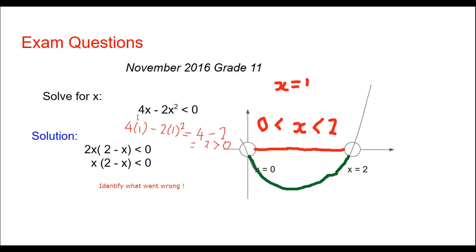Let's look at our algebra. So 4 times 1 minus 2 into, I don't know. So you need to identify what went wrong here.